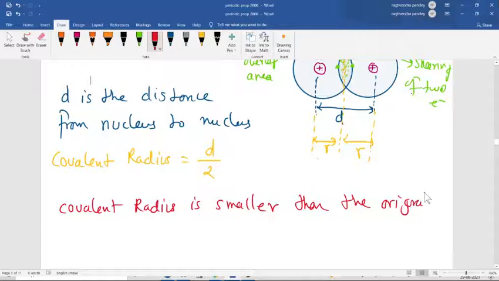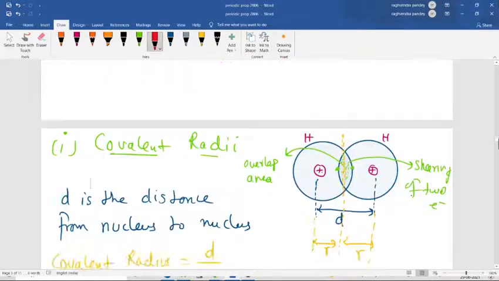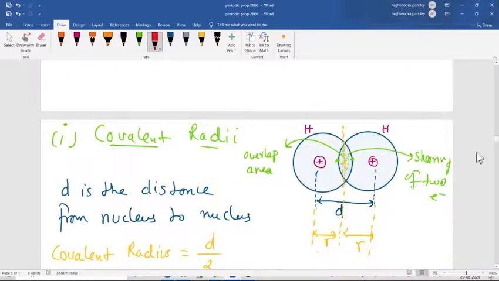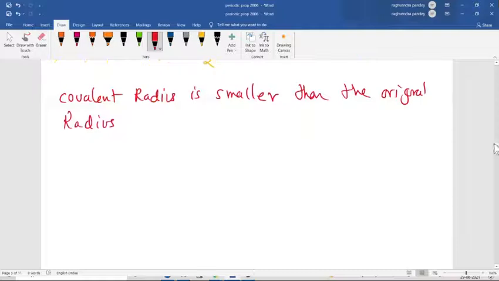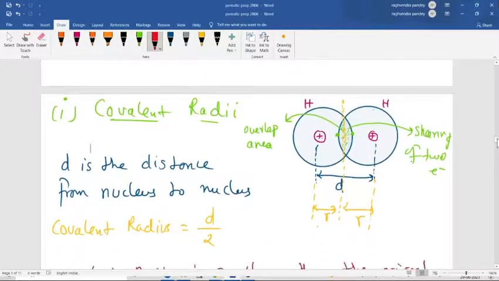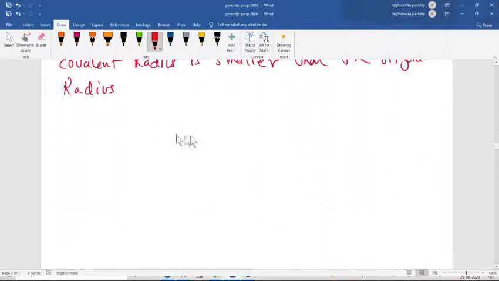That is the problem. It is a technological problem. We know that there is a problem, but we can't do anything. So then the original radius is taken as the covalent radius. Hydrogen has only a single bond between them.